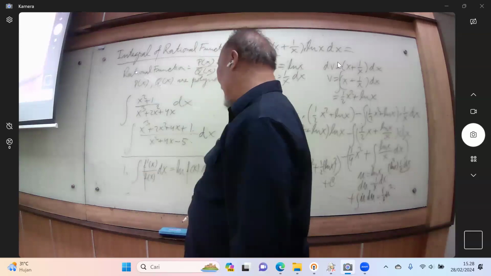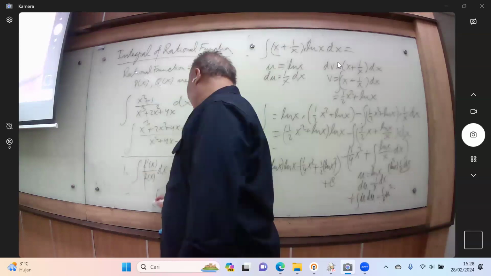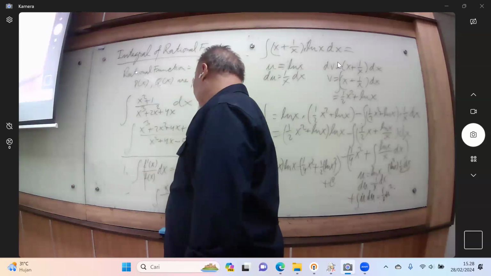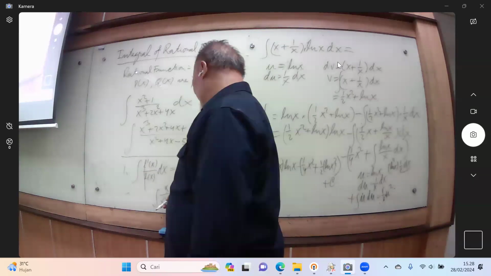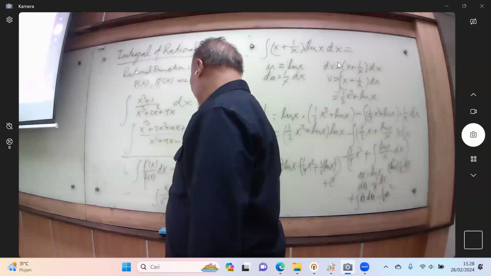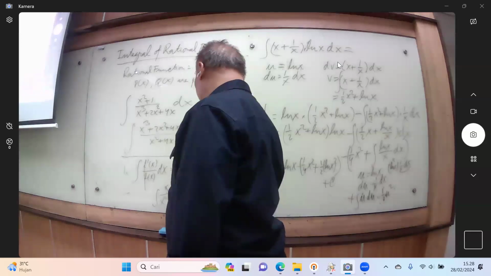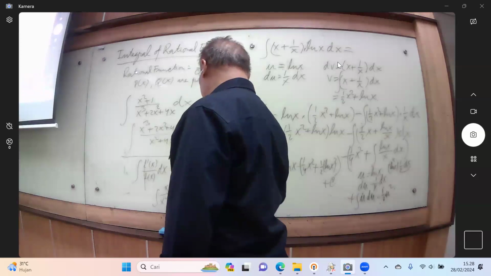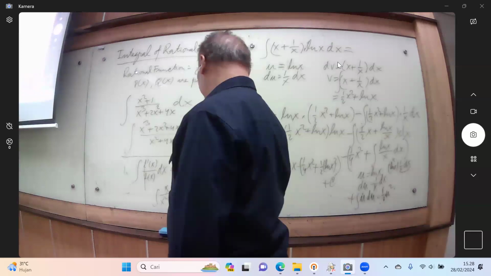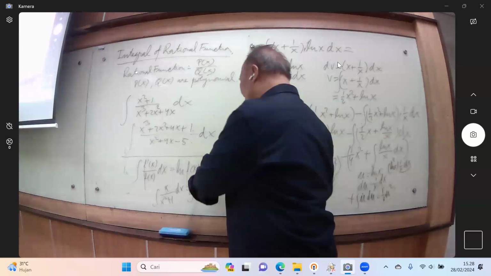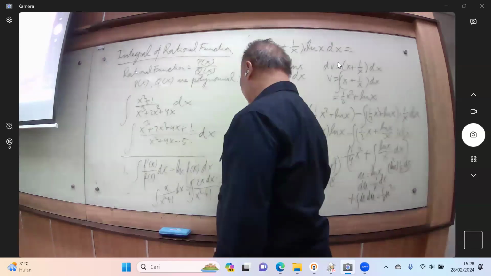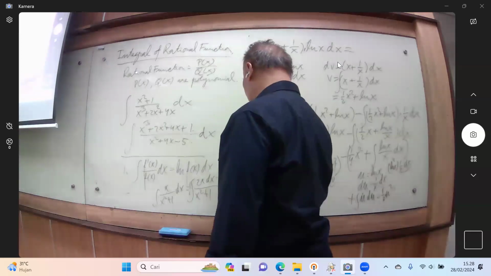For example, if you have the integral of x divided by x squared plus 1, we know the derivative of x squared is 2x. Then we can have the integral of 2x dx, half, divided by x squared plus 1. Now 2x is the derivative of x squared plus 1, so it becomes half ln of x squared plus 1.